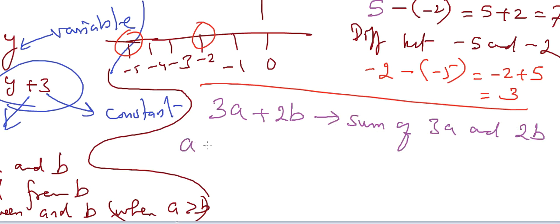Similarly, what is ab? The meaning of ab is the product of a into b. Another name for multiplication is product. So the product of a and b.